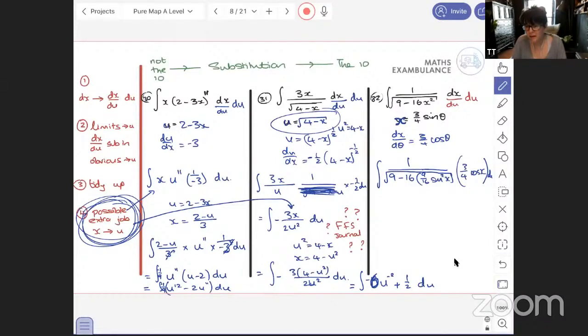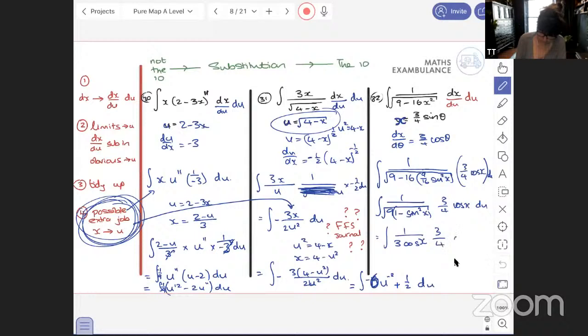Little bit of fiddling around is going to get me that. 1 minus sine squared is cos squared. So this is that, that cancels that cancels that, and the whole thing reduces to this.